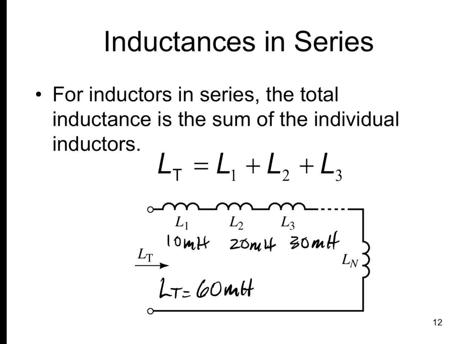So to start off with here, we have inductors in series, and the total value is just found by adding them all together. So if we take an example of some millihenry values here, L1 as 10 millihenries, L2 as 20 millihenries, L3 is 30, the result is simply adding them together, and your L total value is going to be 60 millihenries.